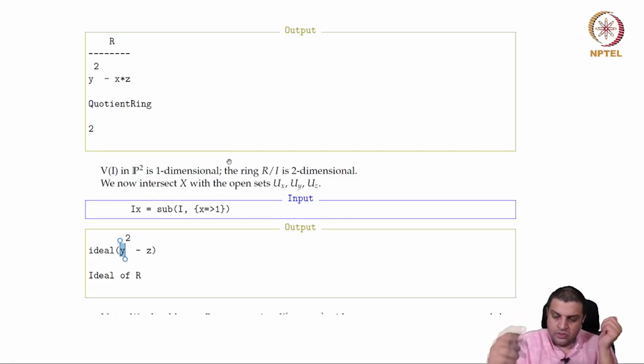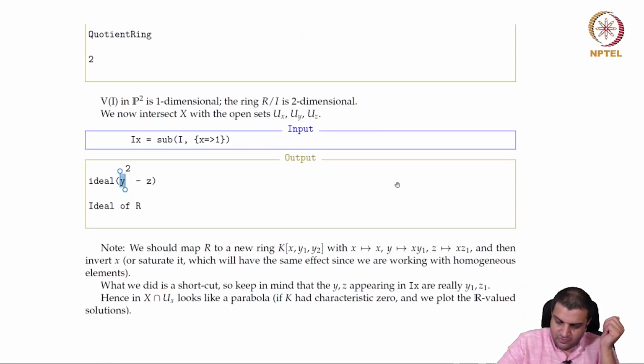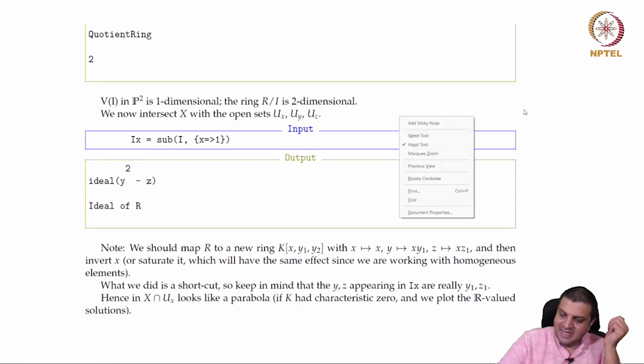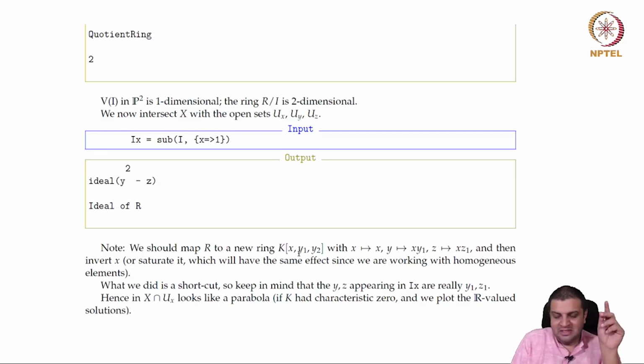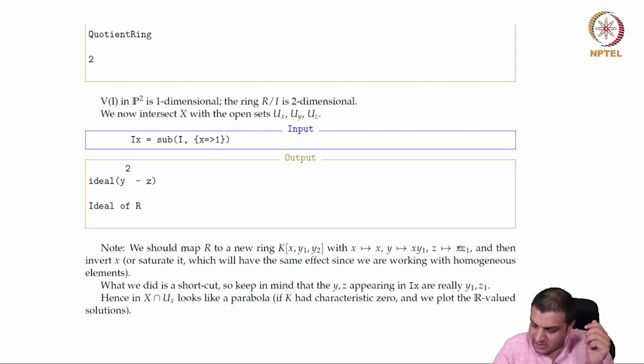So this is a little trick. What we really need is to map the polynomial ring to a new ring in which x, y, and z are sent to... I'm sorry, there was a typo here.